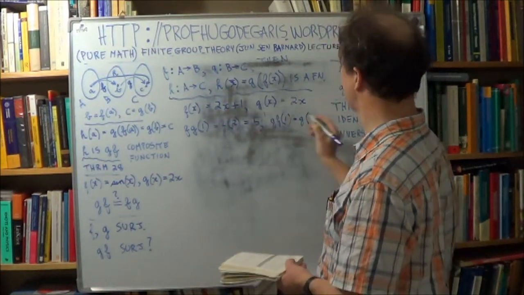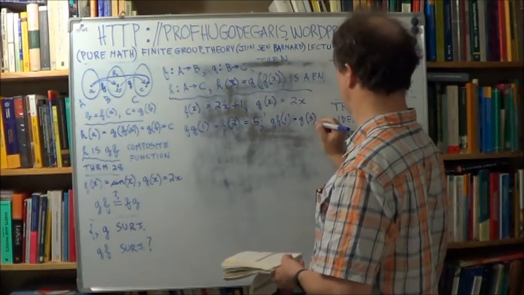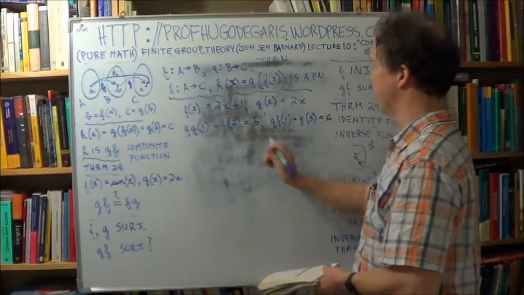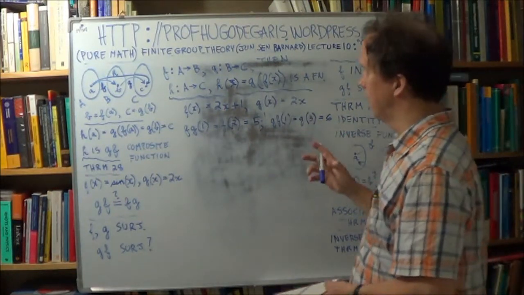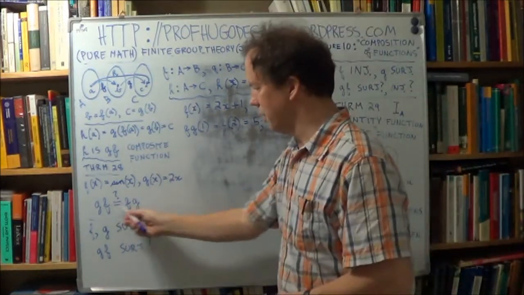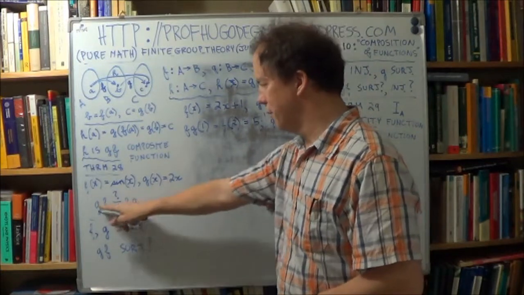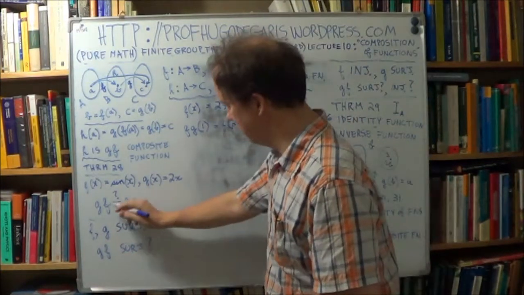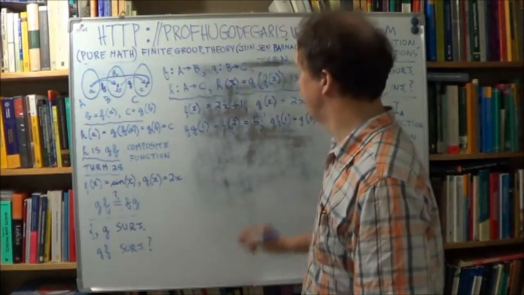That's 3, okay? And g doubles it, so that's 6. 5 and 6 are different, so therefore this is not equal, and therefore this is not equal in all cases, because we have a counterexample. So that's wrong. Alright?